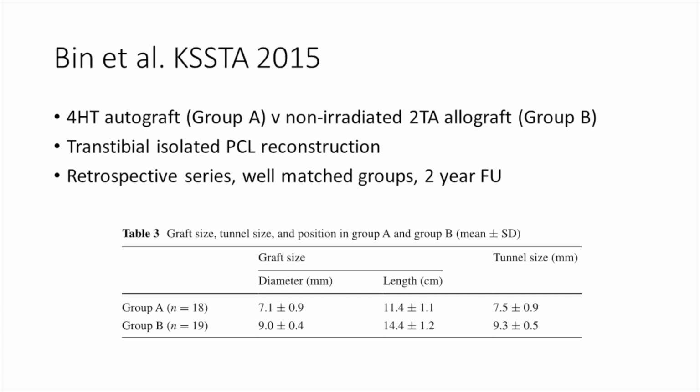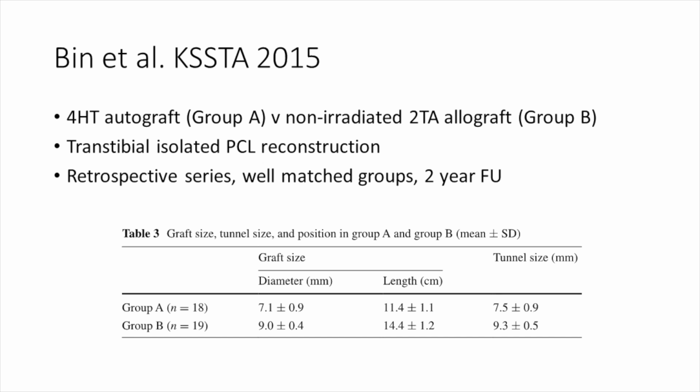That was for ACL. For PCL, not quite so much data available, but this is a study from 2015 comparing 4-strand hamstring versus tibialis anterior for PCL reconstructions using a transtibial technique. Groups were well matched.